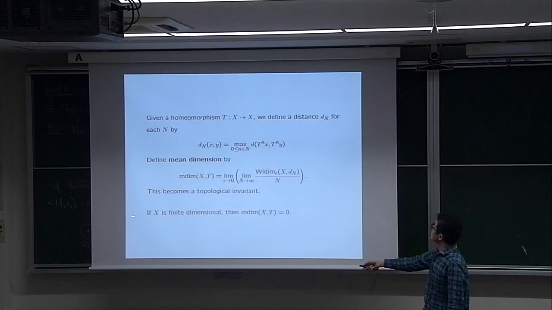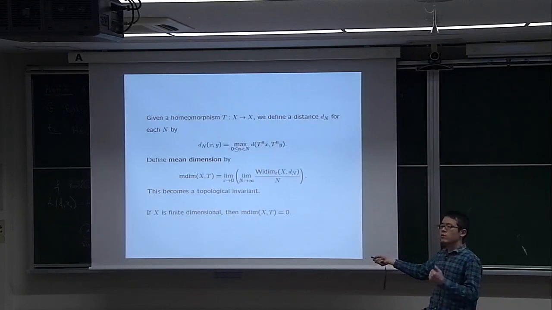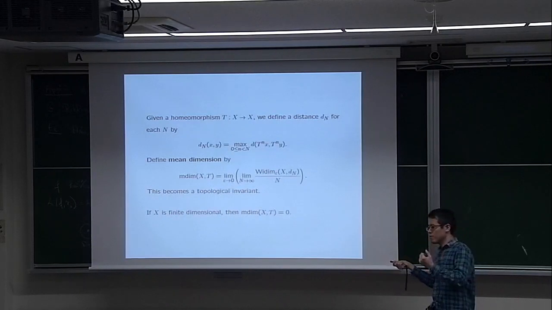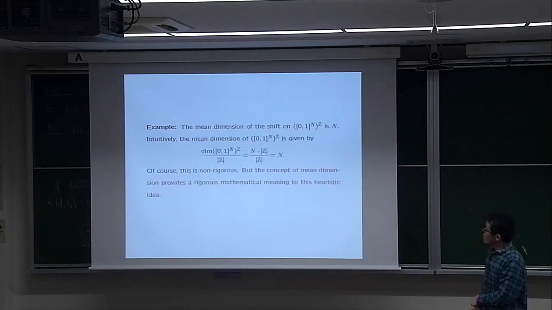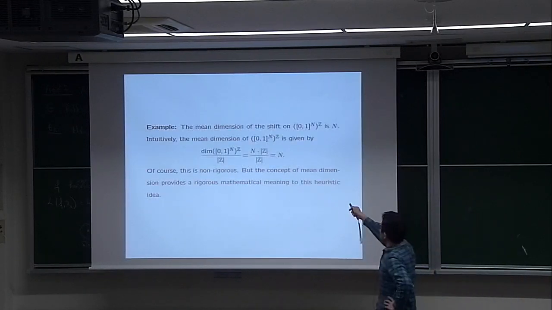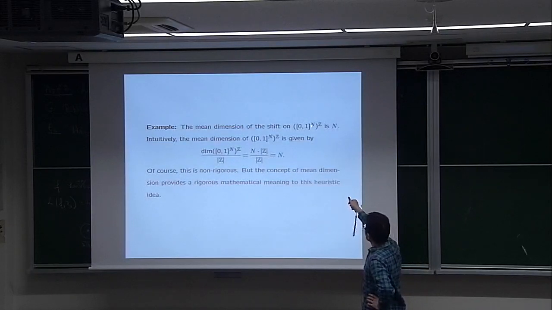For example, if the system is finite dimensional, then mean dimension is 0. So mean dimension is meaningful only for infinite dimensional systems. For example, consider the infinite product of n-dimensional cube and the shift. Then its mean dimension is n.